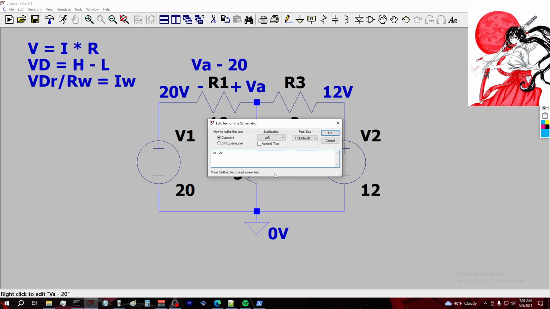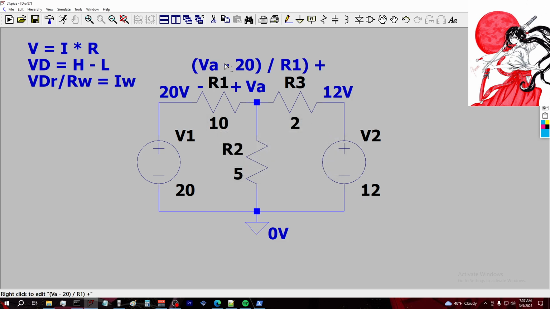We're going to do VA minus 20, let me put this in parentheses, divided by R1, we'll say. And that is our first equation for this.